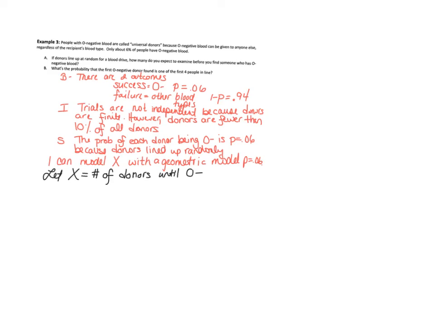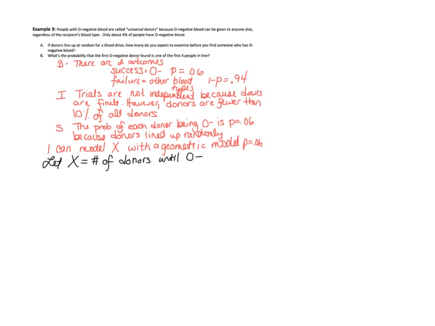My expected value of X is equal to the mean of X, which is 1 divided by P, which is approximately 16.7 people. That's part A.